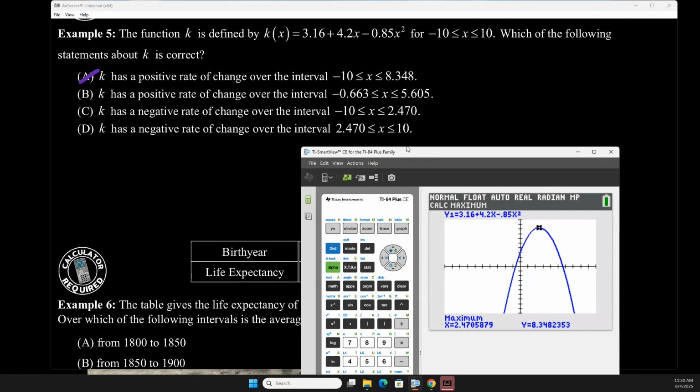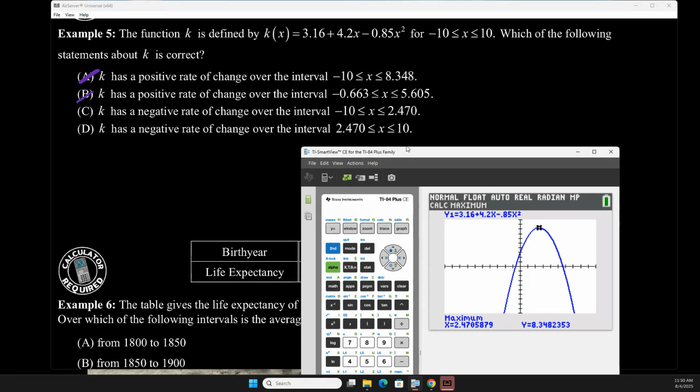I'm not really sure about the next one. I haven't looked that closely. I think maybe those are the zeros, and that's where the function is positive, but we want to know when the rate of change is positive, so definitely not B. All right, and then C says that K has a negative rate of change from negative 10 to 2.47.